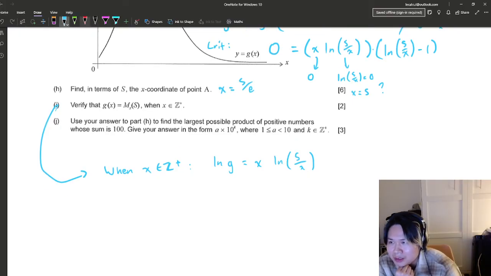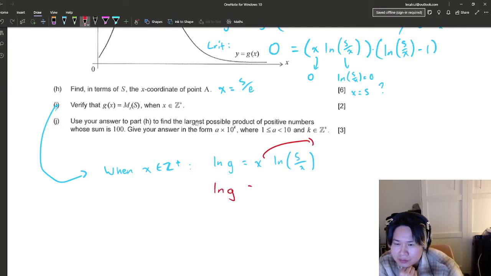Okay, I'm just gonna manipulate this using log rules. So this goes up here. And then we can equate the insides. And then you're done, right?